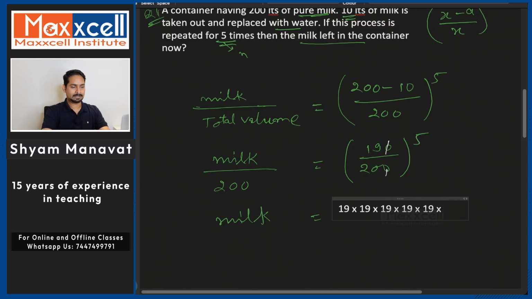Okay, and then this 200 is cross multiplied to the other side. So 200, okay, this value and this value is divided by what? 20 to the power 5.